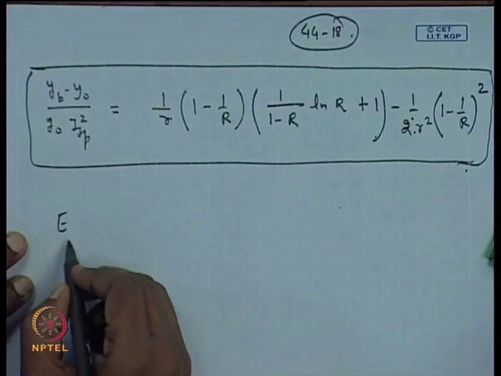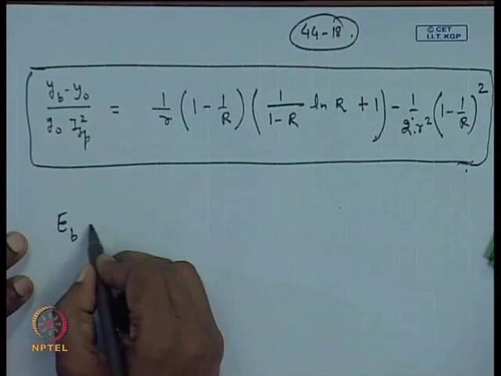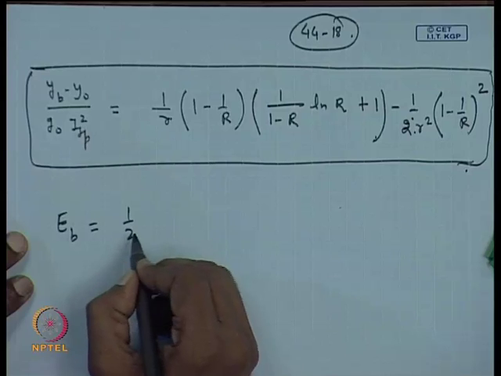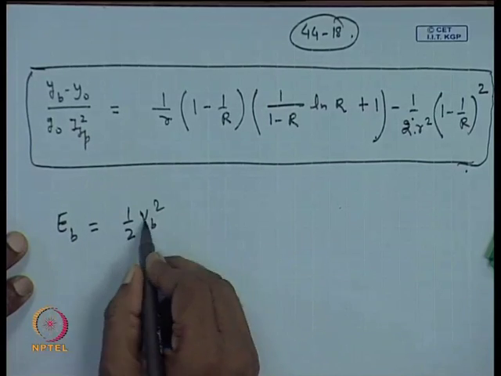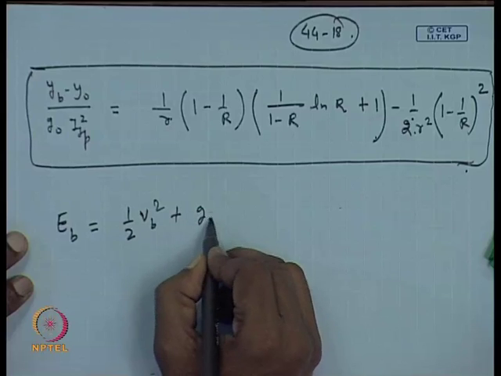Okay. So, the next step we will take is the specific energy required, or the specific energy at the burnout. How much will it be? In that case we will represent the burnout energy as E b, and this can be written per unit mass as 1 by 2 V b square plus G 0 times Y b.